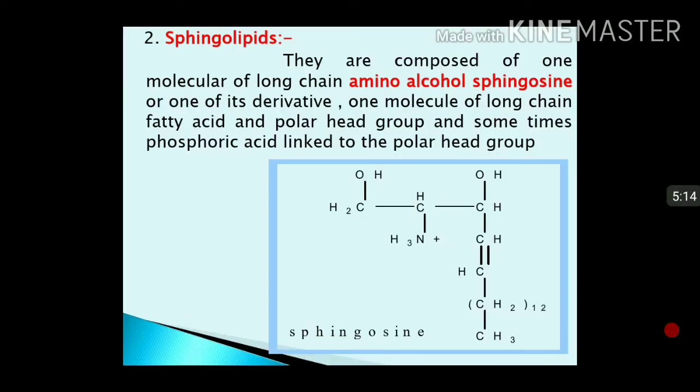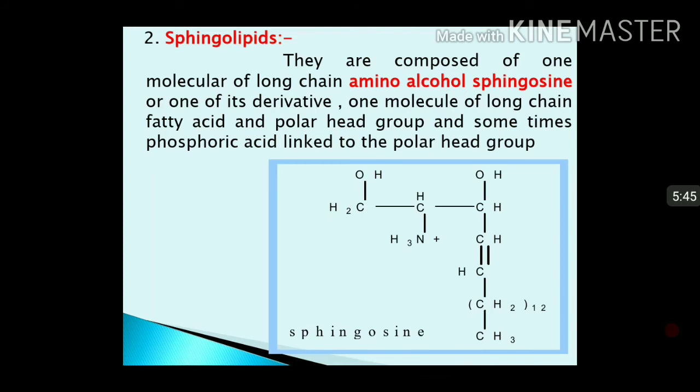Now let us see the structure of sphingolipids. They are composed of one molecule of long chain amino alcohol sphingosine or one of its derivatives, plus one molecule of long chain fatty acid and a polar head group, and sometimes phosphoric acid linked to the polar head group. So in this box is shown the structure of sphingosine, that is amine alcohol sphingosine.